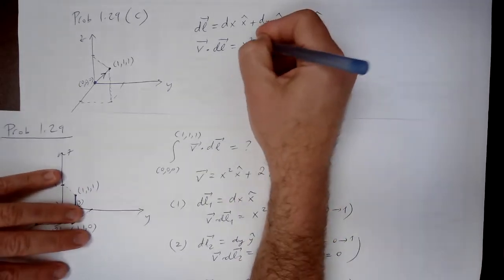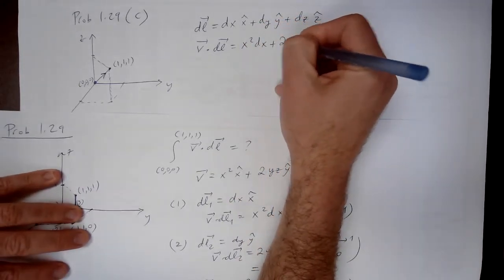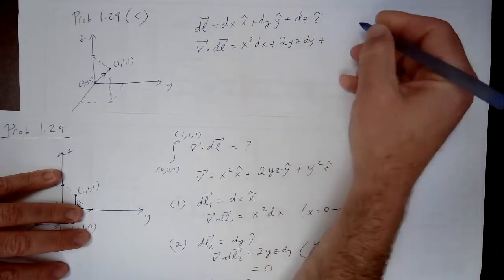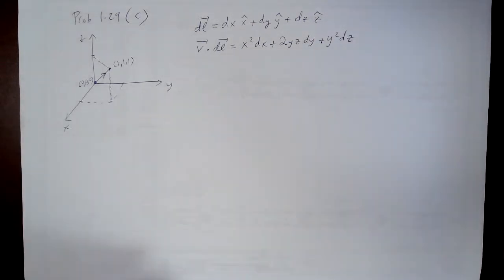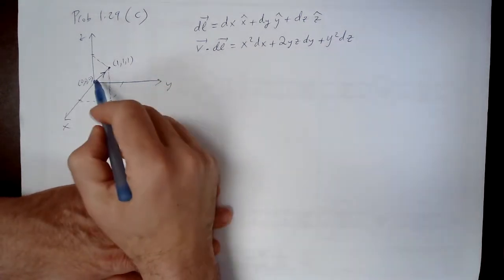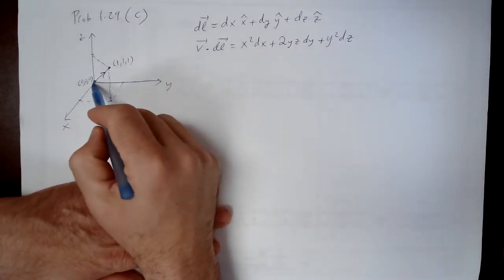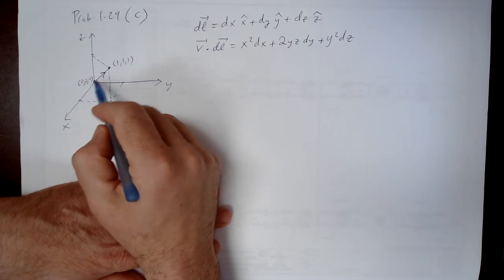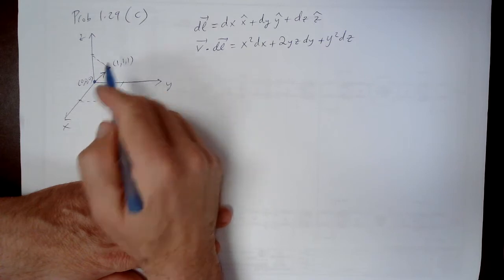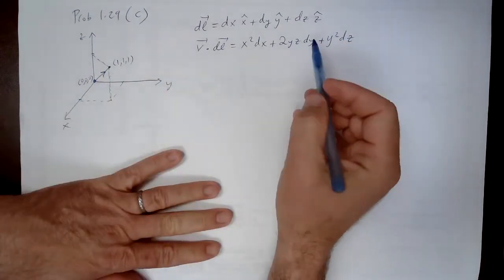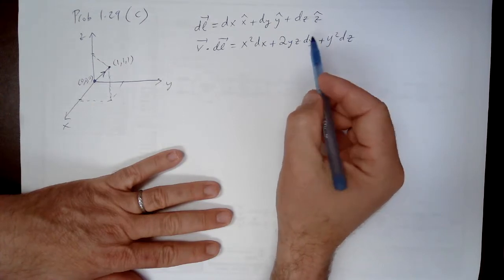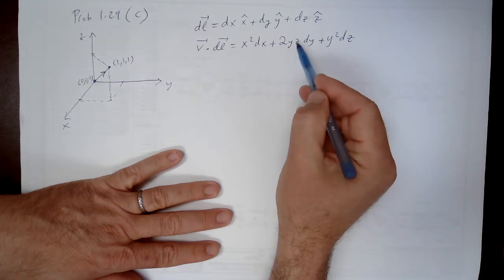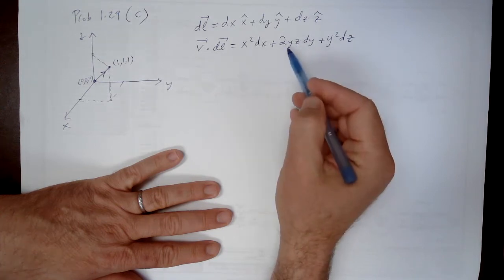So it's going to give me x squared dx plus 2yz dy plus y squared dz. To integrate this, I know all these variables change: x, y, and z go from 0 to 1. But I need to express these variables in terms of each other, which will simplify the integral significantly.